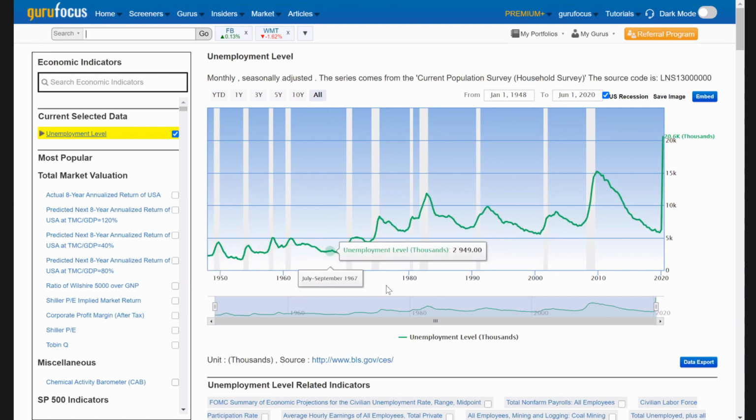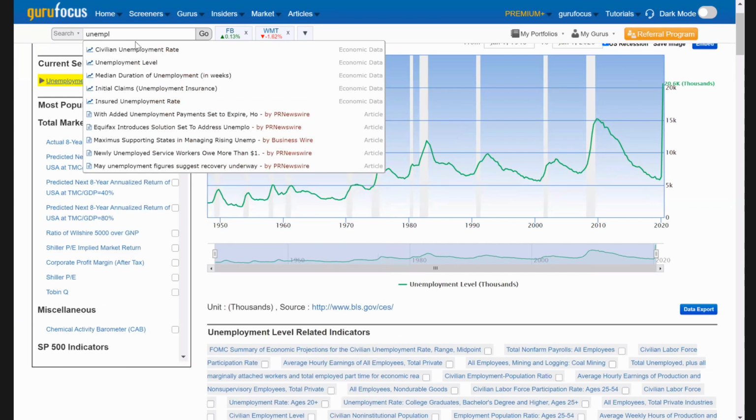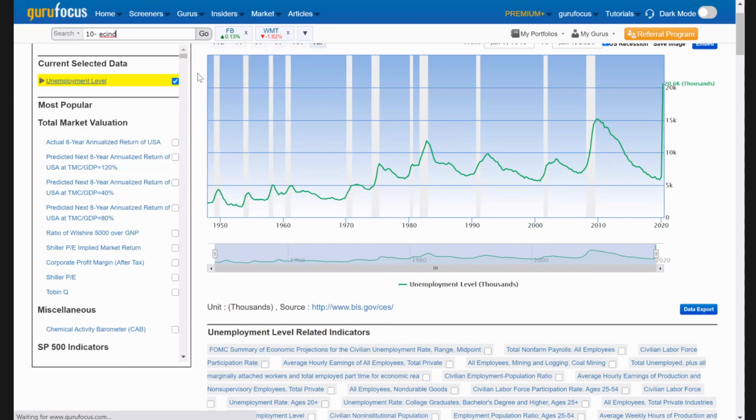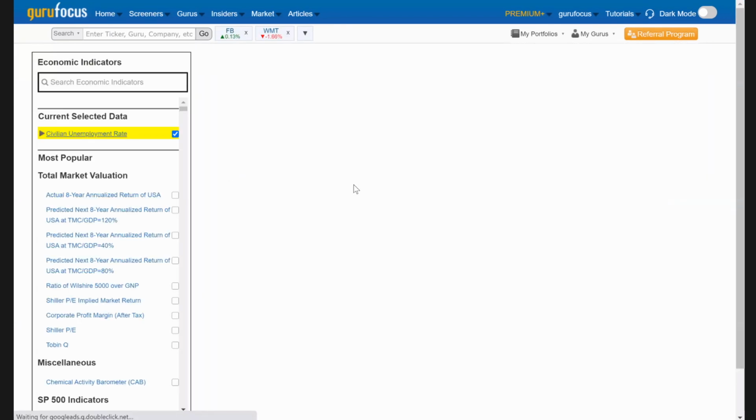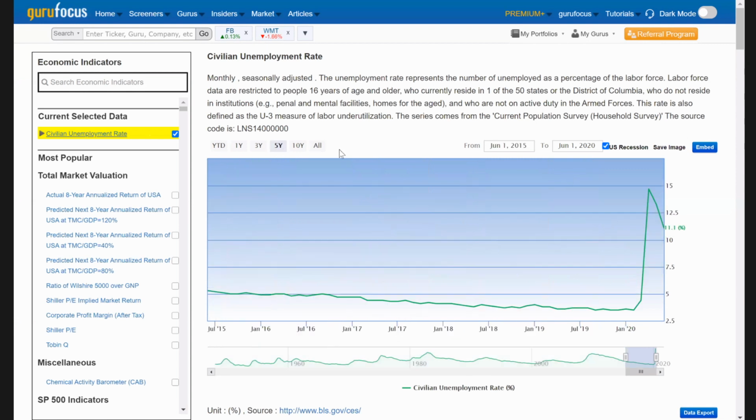And civilian unemployment rate: we have about 13% unemployment rate here, according to the number. It went down to 11% and went up to 15% at the highest level.